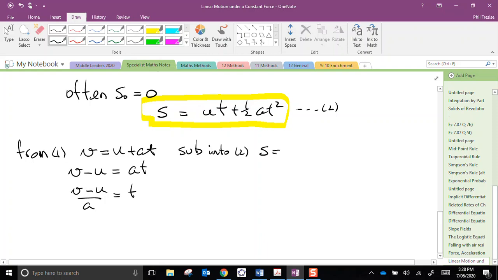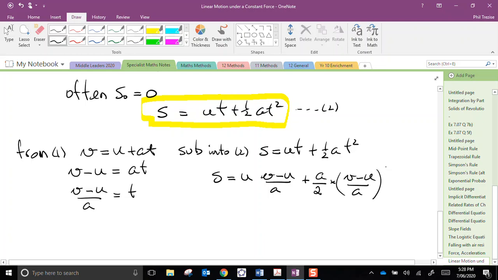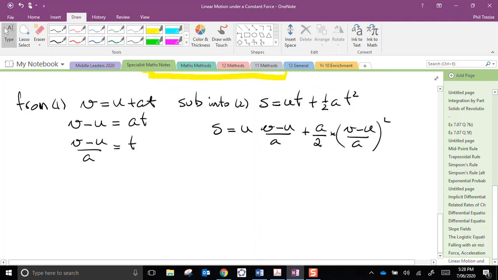Equation 2 said s equaled ut plus 1/2 by a by t squared. So for t, we had (v minus u) over a. Now I'll write this as a over 2, and for t I had (v minus u) over a, which had to be squared. I'll put brackets on this too.